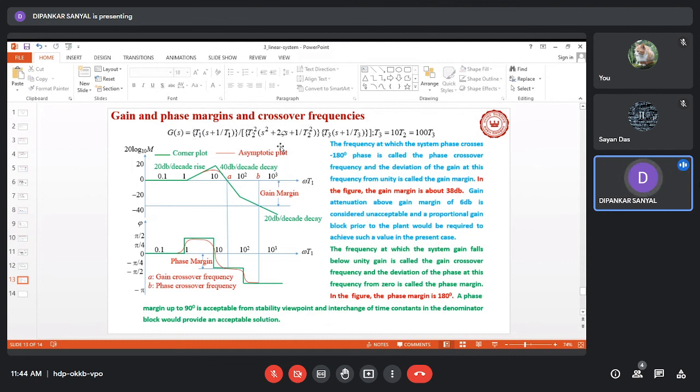So if this is the situation, what is the way out? Here we see the gain margin is about 38 dB, but we cannot allow it to be more than 6 dB. So what we need to do, we need to introduce a proportionality constant that will jack it upward, and it won't make any change to the phase plot. So this upward shift should be such that here instead of 38 dB, this line would cross at around 5 dB or 6 dB.